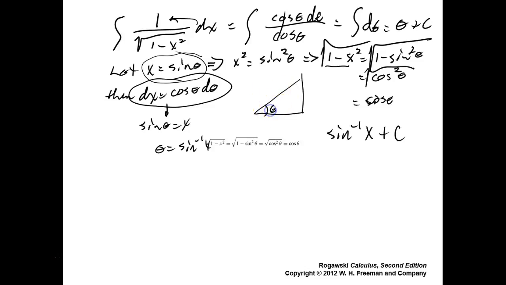Put your theta here, either place you want to. Okay, if that's indeed theta, what is sine theta? You tell me, what's the definition for sine theta in terms of right triangles? Sine theta is defined to be what ratio?